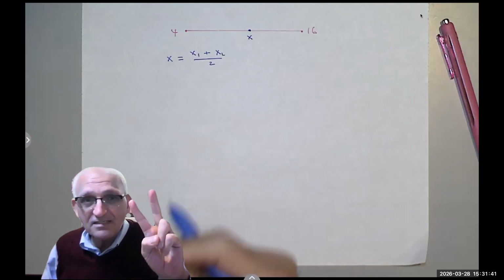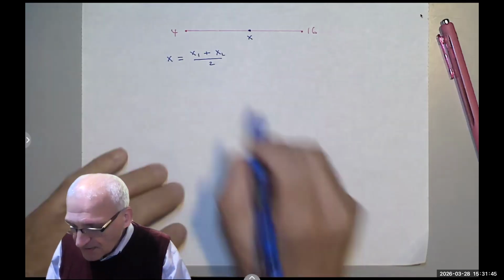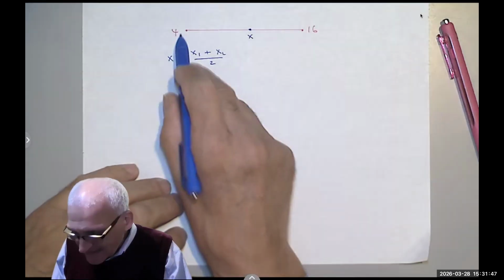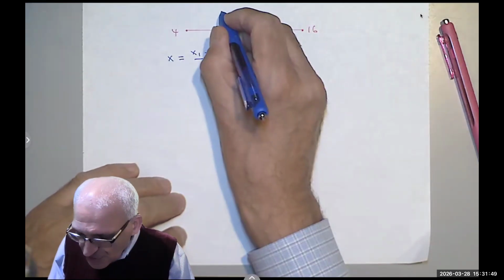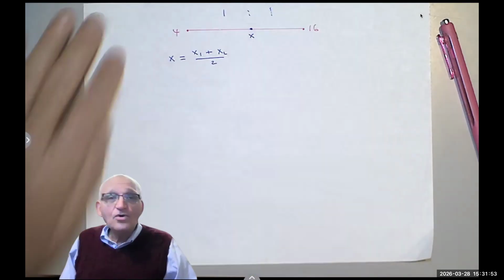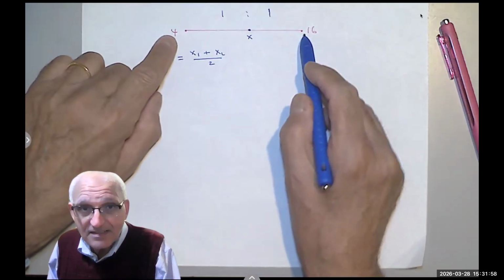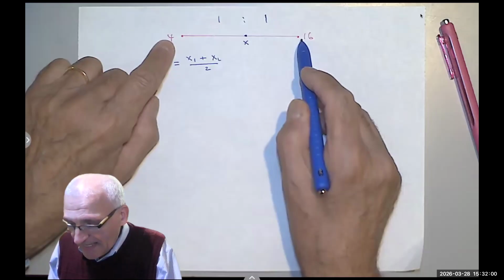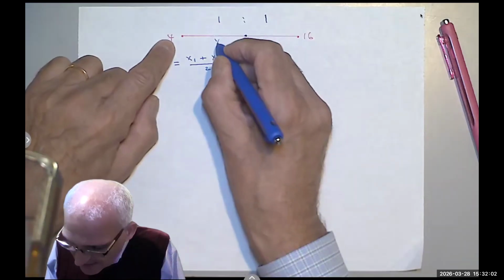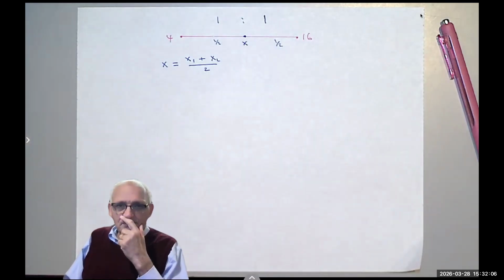There are two ways to find that point mathematically. Is to say, I want a point that divides this distance into the ratio 1 to 1. Or you can say, I want to take this line segment and take half of it here and half of it there. Both will give you the same result.